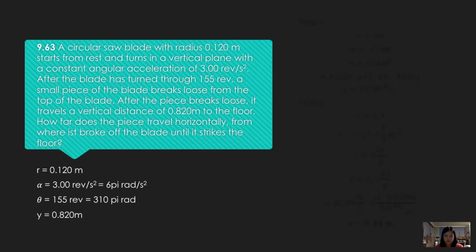So first we'll need to solve the tangential velocity, which will in turn be the initial velocity. So that's the trajectory, that's the blade. And first we need to find the tangential velocity, or the initial velocity once it becomes parabolic motion.